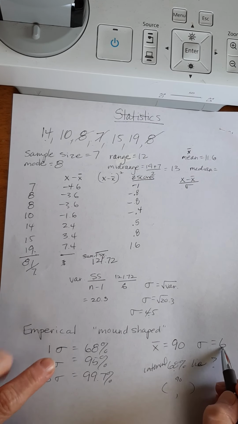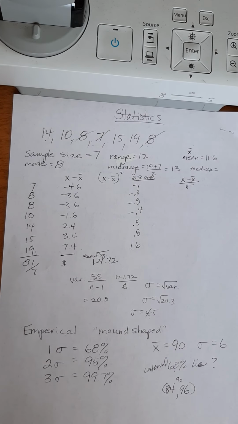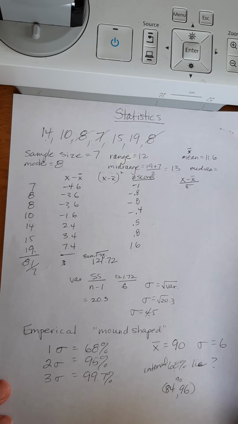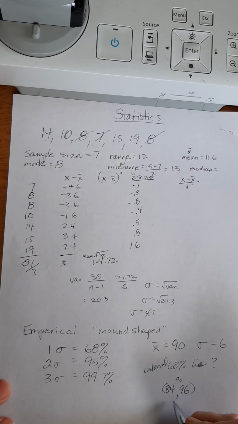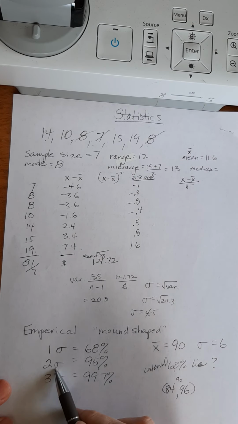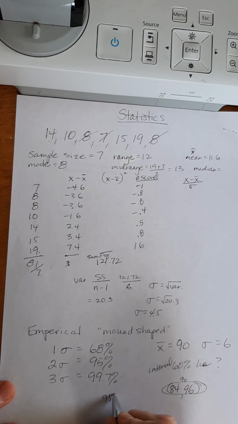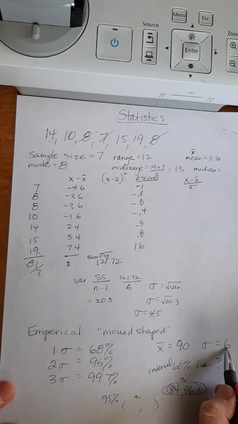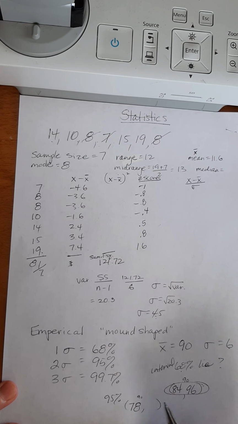So one standard deviation is 6 to the left, 6 to the right. If I wanted to know what interval 95% was, well, 95% is 2 standard deviations. So if my center's 90, 2 of those. So 12, subtract 12, add 12.